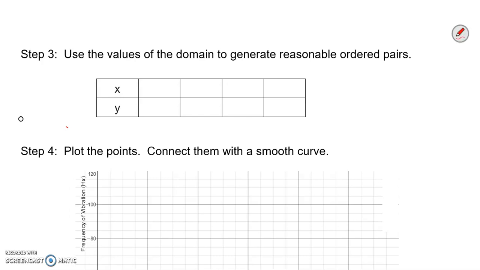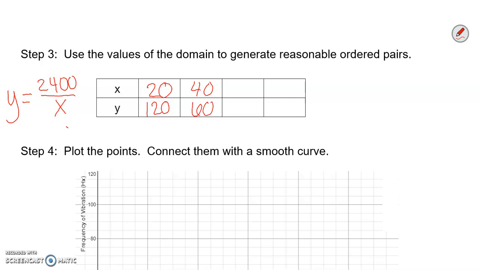So I'm going to pick 20 as our first x value. When we put that into our equation of y equals 2,400 over x, we get that y is equal to 120. Next, I'm going to choose the value of 40, and when we put that into our equation, we get that y equals 60.